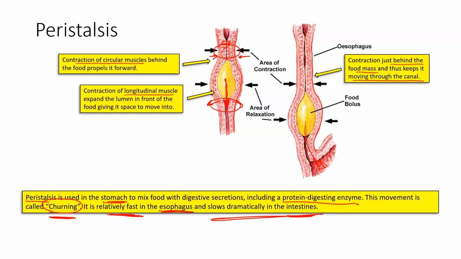We also want to be able to store it in our stomach, but we want the back half of this digestive system to work slowly, because if food moves through the digestive tract too fast, meaning if peristalsis happens in the intestines too fast, we're not actually going to be able to absorb all of the nutrients out of the food, because it's just moving through the small intestines too fast.